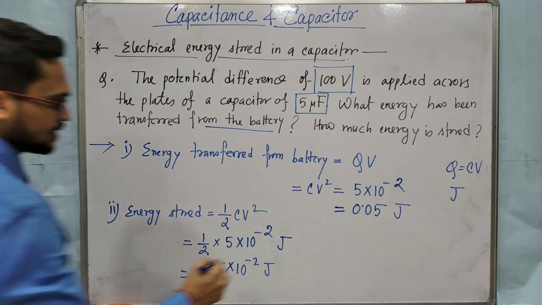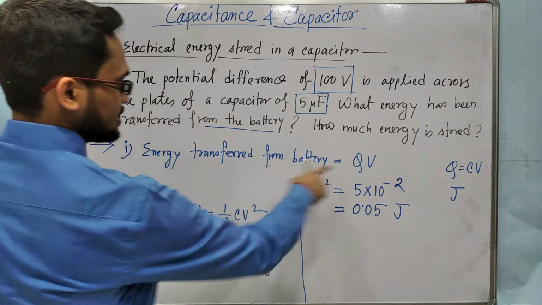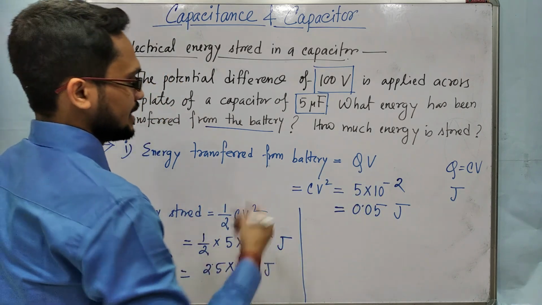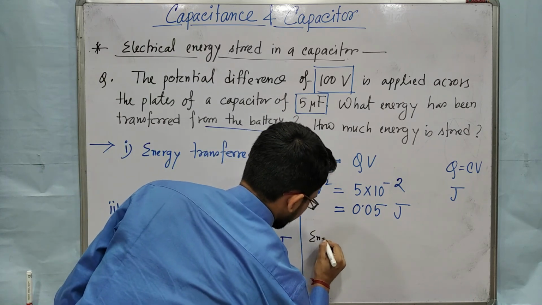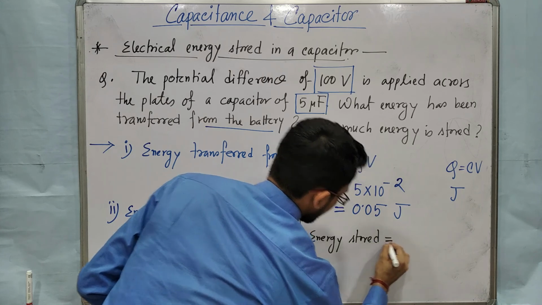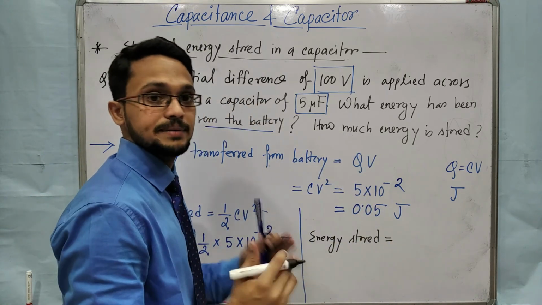Okay, there is another way to solve this. This is the total energy transferred from the battery. Then the energy stored will be half of this energy, half of the energy spent by the battery.